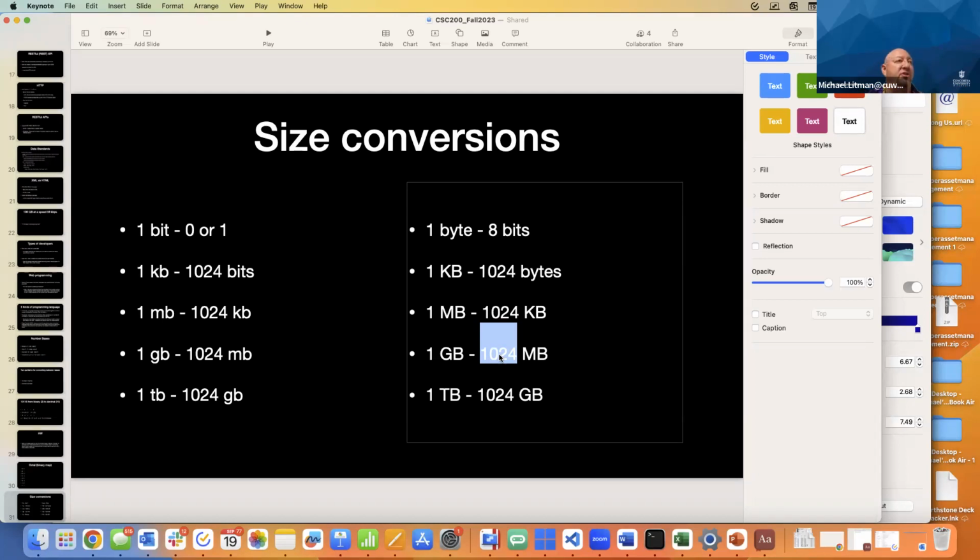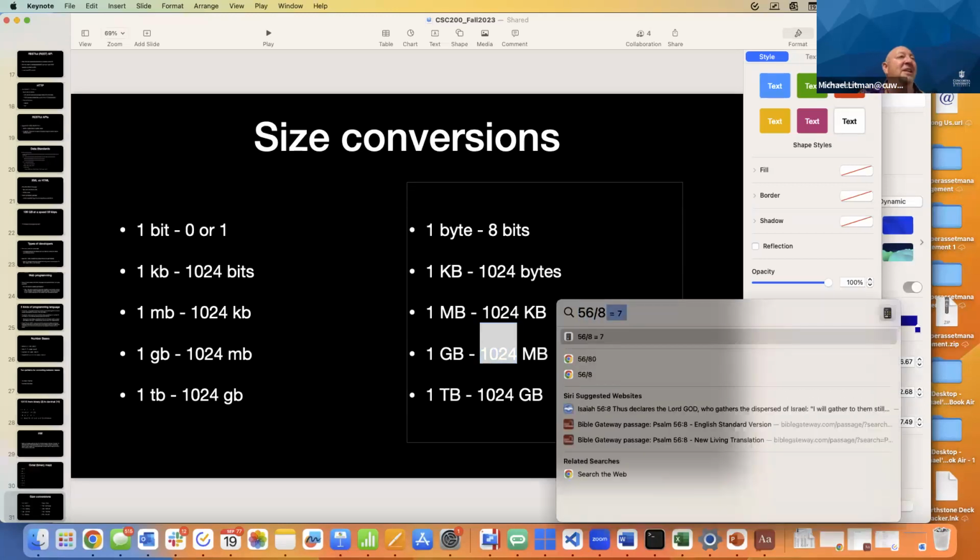Computer scientists should understand it even better, but for the average consumer, historically, when we had dial-up modems, we looked at download speeds in terms of kilobytes per second. If you think back, I know most of you weren't alive then, the fastest dial-up modems were 56K modems. You've heard of a 56K modem, even in a history book. That was 56 kilobits per second. 56 divided by 8 is only 7 kilobytes per second.